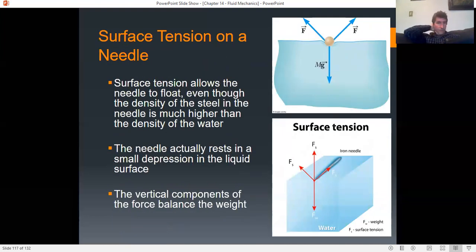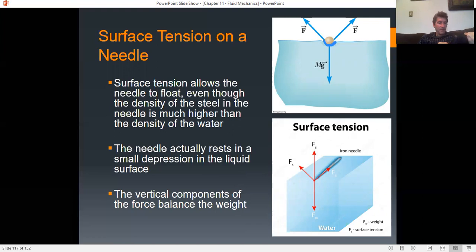And surface tension actually allows us to float a steel needle on the surface of water. And here's the weird thing. It's actually hard to derive this, but it has to do with the profile when we're looking at this. Water wants to keep as little surface area as possible.